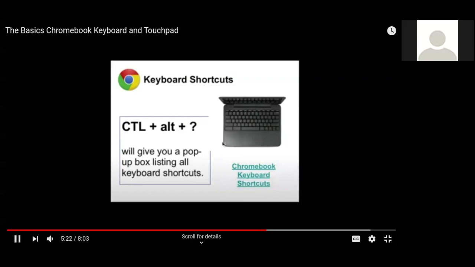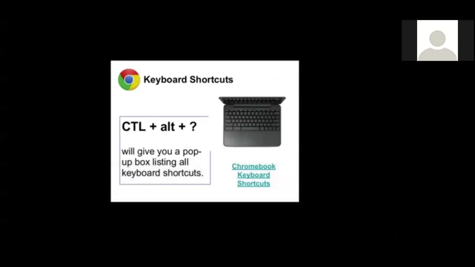Question mark. You have to hold all three of these at the same time. What you should see on your screen is an actual keyboard. You can try pushing different keys to see the combinations and what they do. For example, try pushing Control once you see that keyboard displayed. Pushing the Control key, it'll show you shortcuts that you use with Control and what it will do.